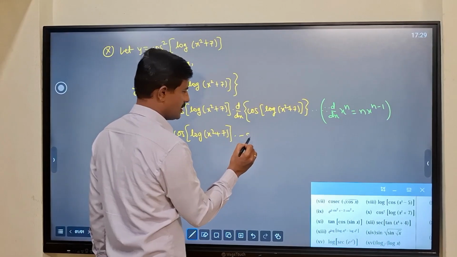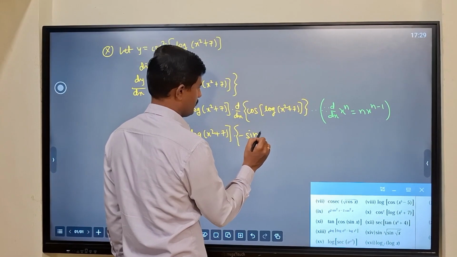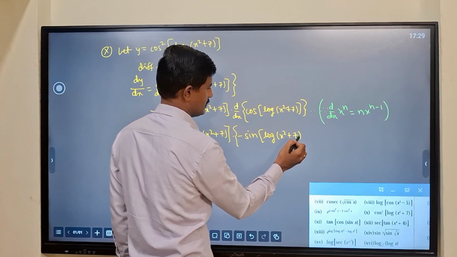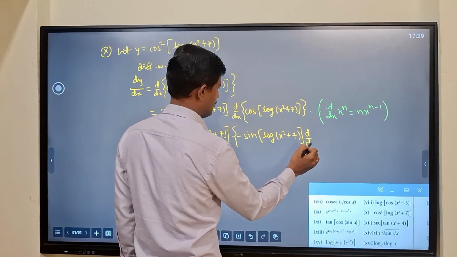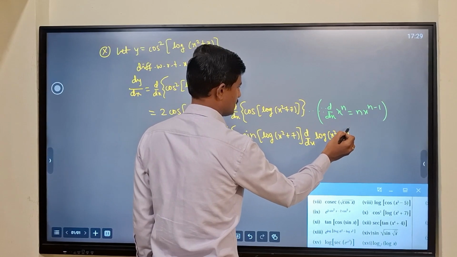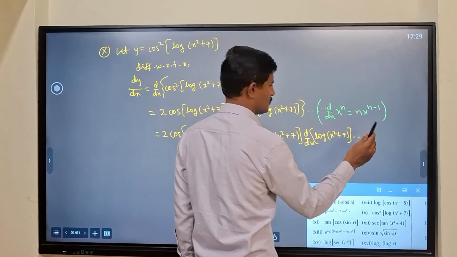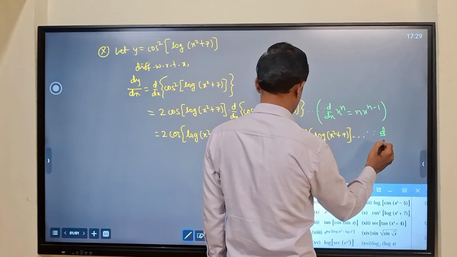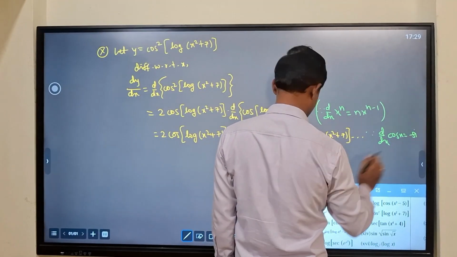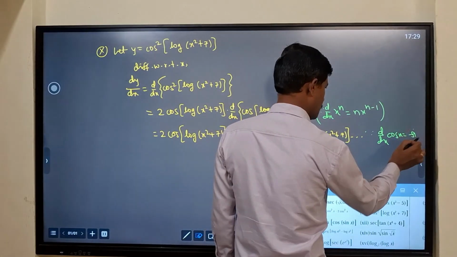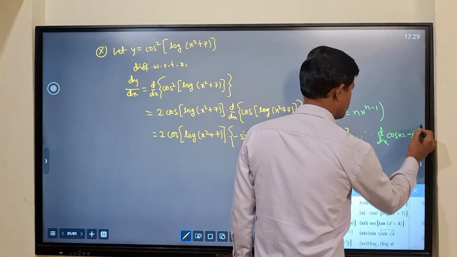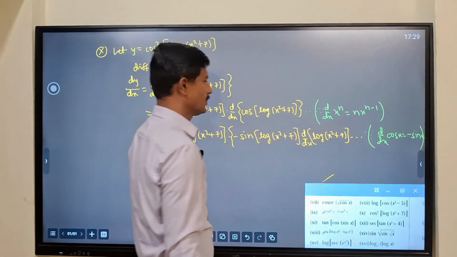Differentiation of cos x is minus sin, so minus sin log of x square plus 7 into d/dx of log of x square plus 7. Here we use the formula d/dx of cos x is minus sin x.